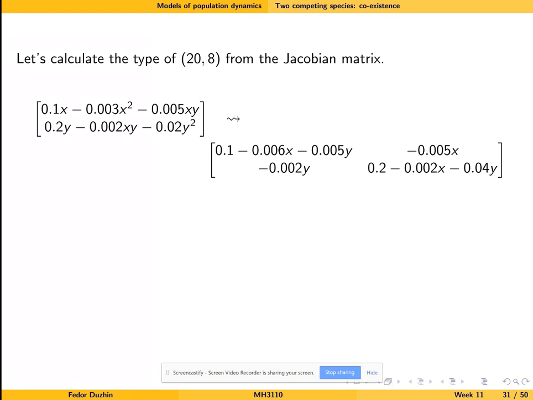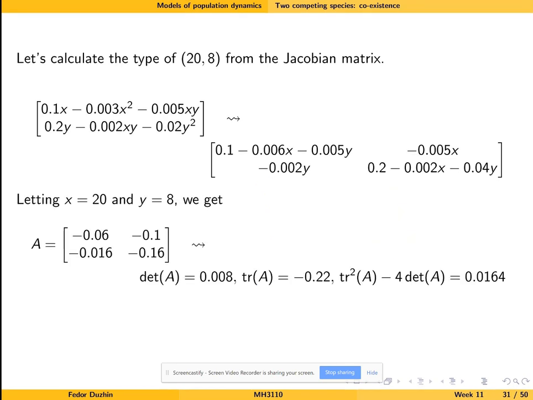Now let us see if we can confirm this theoretically. Let us find the Jacobian matrix. Here is the Jacobian matrix, and by letting x be 20 and y be 8, we can compute the specific matrix, and then find its determinant, its trace, and the discriminant of the characteristic polynomial.